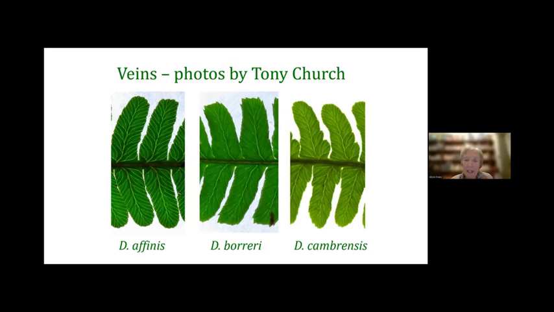And another way that you can tell them apart, and this was Tony Church up on Arran worked this out. If you hold a pinna up to the light, the veins on Aphanis are really clear. They're much less clear on Borreri, and they're a bit in between on Cambrensis. That's just a whistle-stop tour of the scaly male ferns. There's an awful lot more there, I'm afraid.